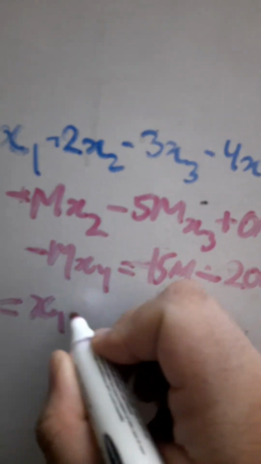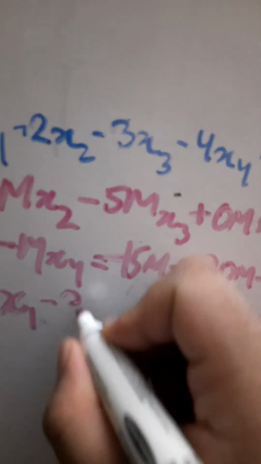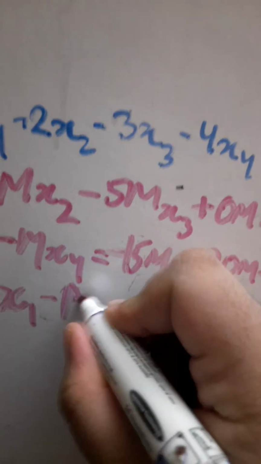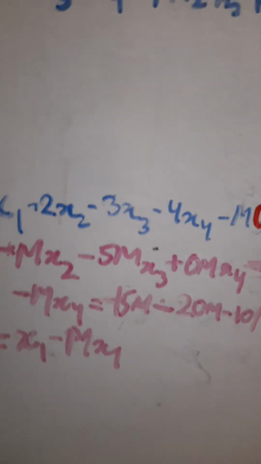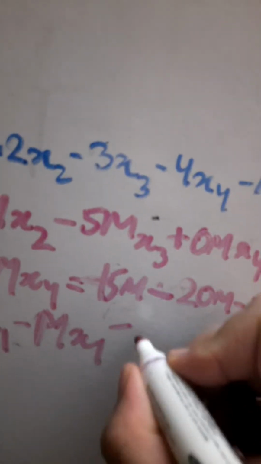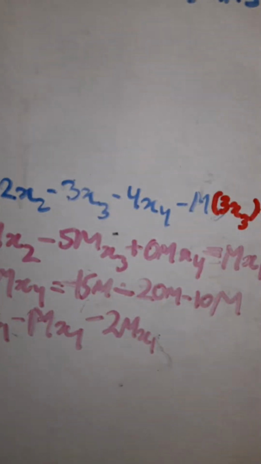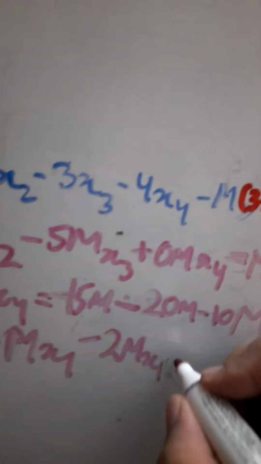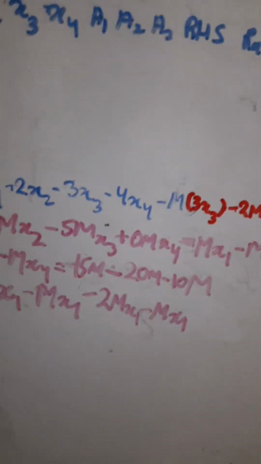Now this should be x1 minus 3, no, minus mx1 minus 2mx1 and minus mx1 again and again.